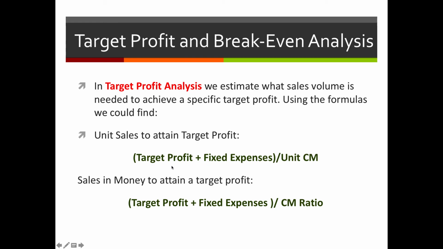So why don't we add the target profit to our fixed expenses? If we add our target profit and our fixed expenses, we will ask how many units we need, generating this contribution margin for paying the fixed expenses, and after paying the fixed expenses, generating a target profit. So this is the units to be sold to attain this target profit, and this is going to be money: how many sales in dollars, pesos, rupees, or whatever you want, you need for attaining this target profit.